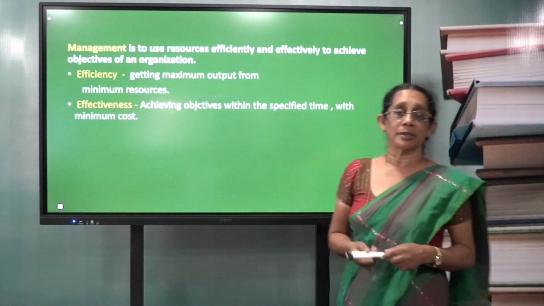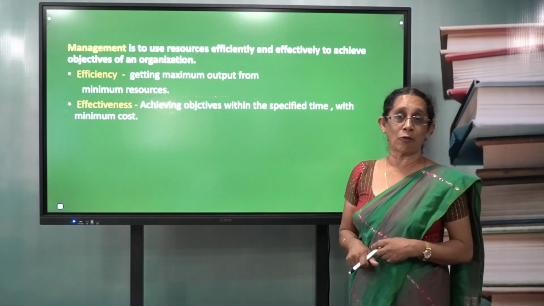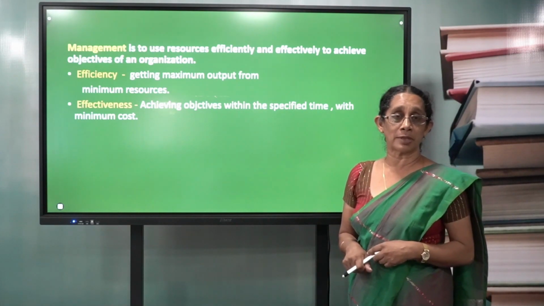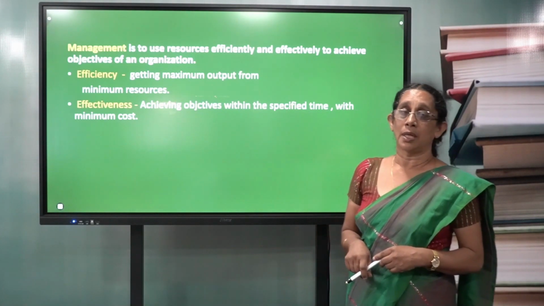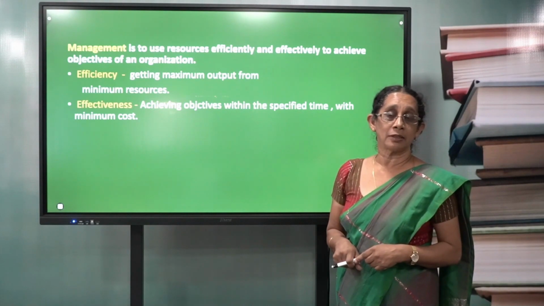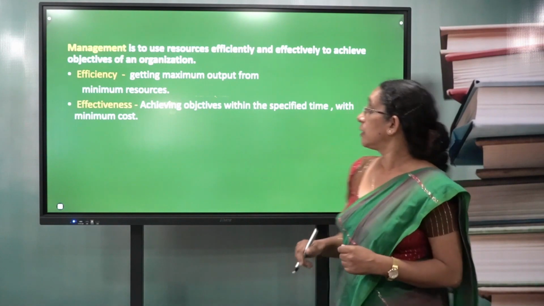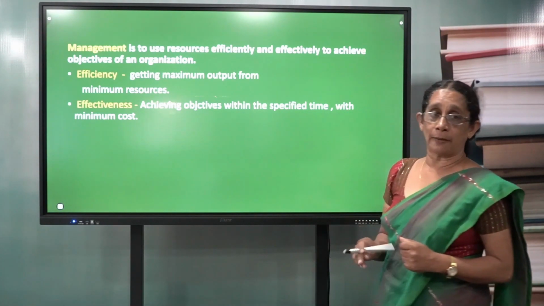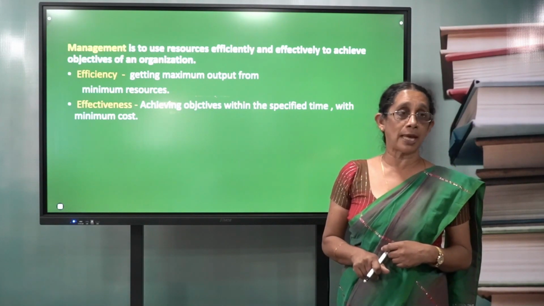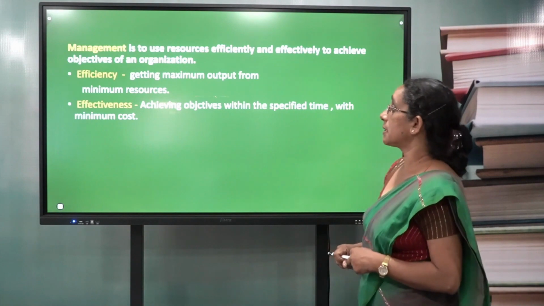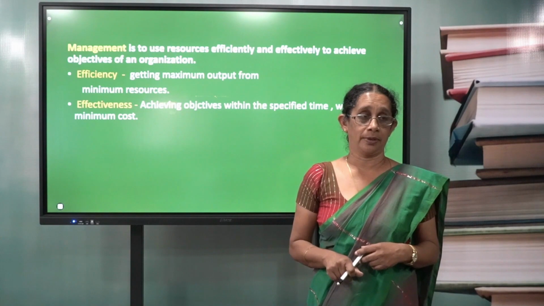Businesses have emerged in the world today to fulfill human needs and wants. I think when you studied business studies, you defined business. They provide goods and services to fulfill human needs and wants. While fulfilling human needs and wants by providing goods and services, businesses also have their own objectives.